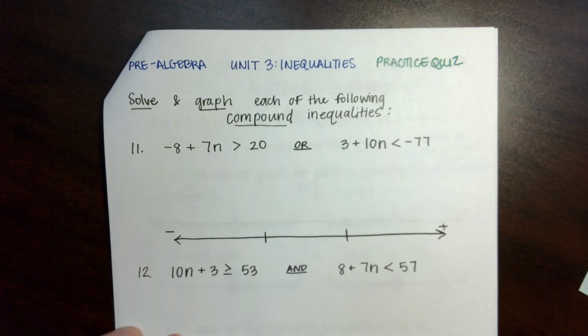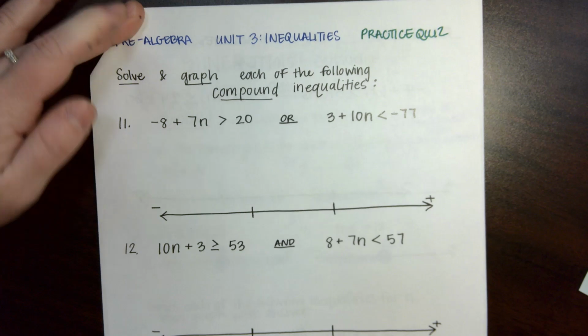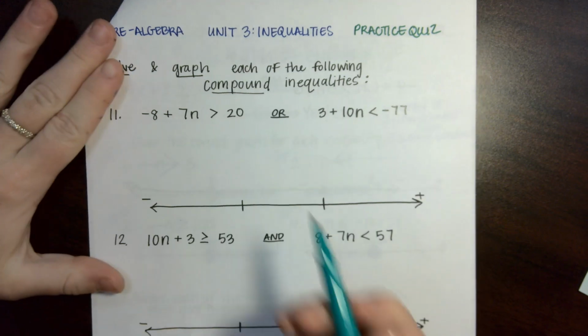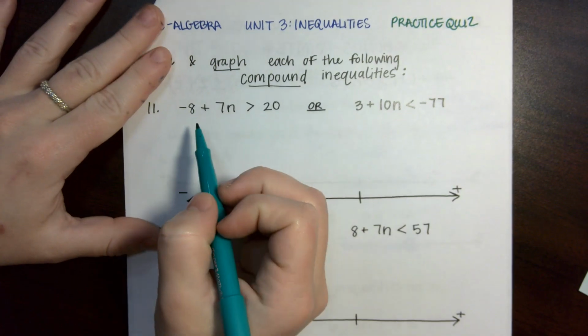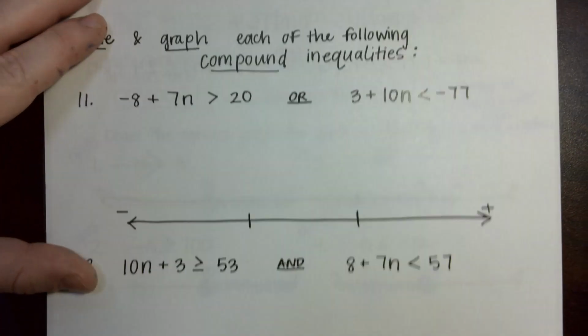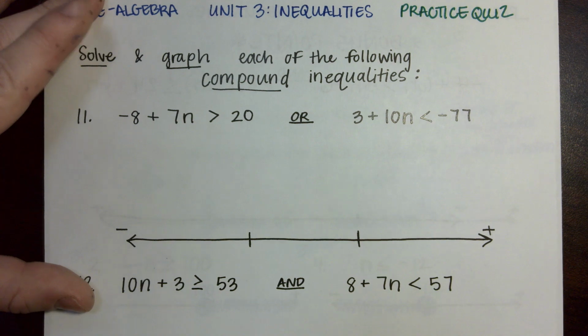Okay, last 2 questions, guys. I'm just asking you to do 2 compound inequalities, and before we do them, here's how I'm grading them. I am going to grade each of these answers as sort of 2 separate questions.